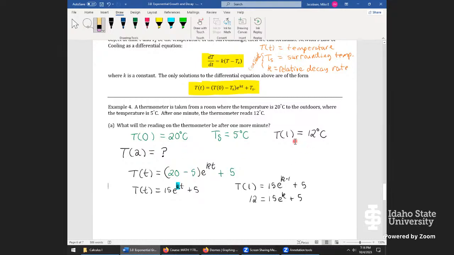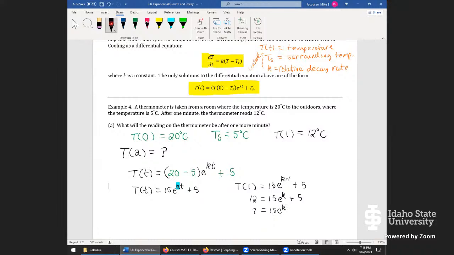Okay, so we plugged in the 1 inside our function. That's not quite done. It leaves k standing, and temperature at 1 is 12 degrees, so we stuck that right here. So now we can start solving for k. Subtract 5 from both sides, and we get that, well, that's the eraser tool. 7 is equal to 15 e to the power of k.